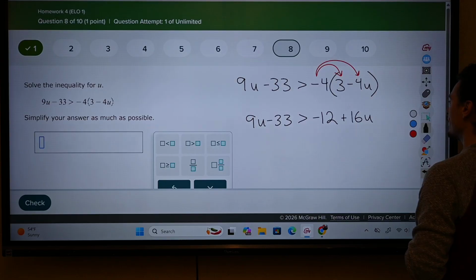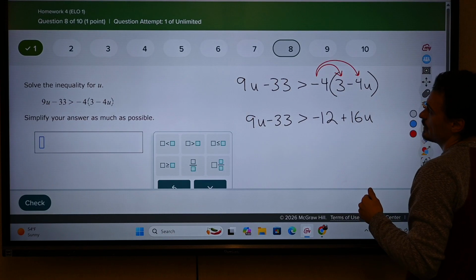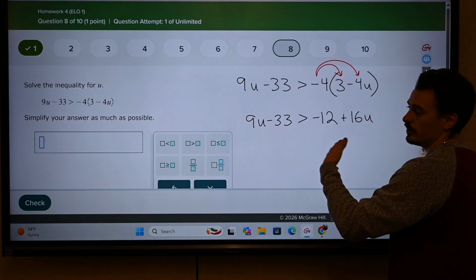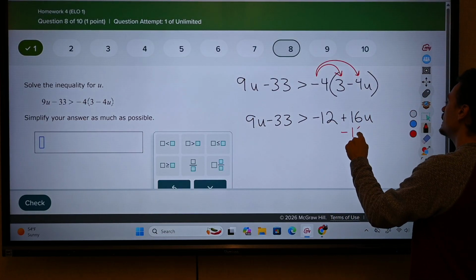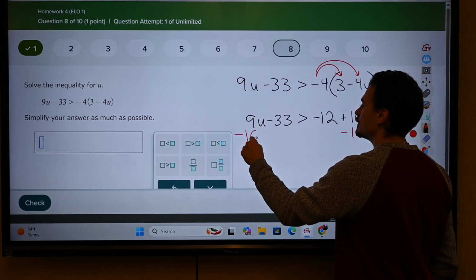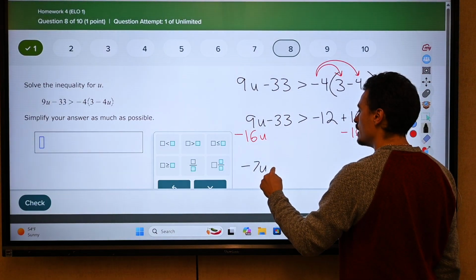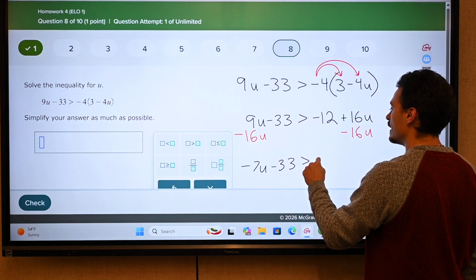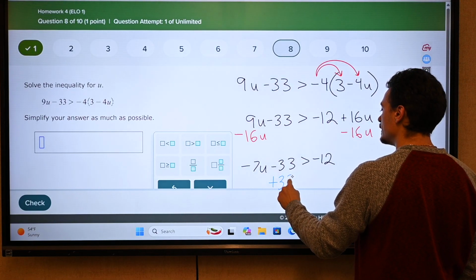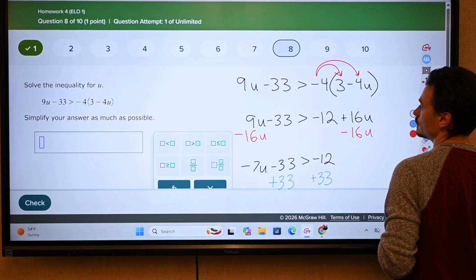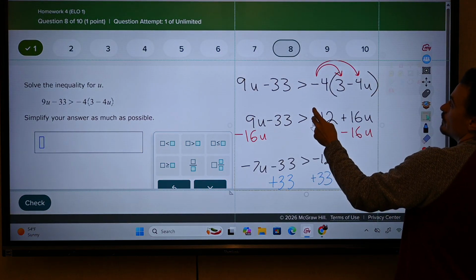Now, just to show you guys that you can do this in any order, I want to move all of my u's to one side. So I'm going to go minus 16u on both sides. That's going to be negative 7u minus 33 is greater than negative 12. Now I'm going to add 33 on both sides.